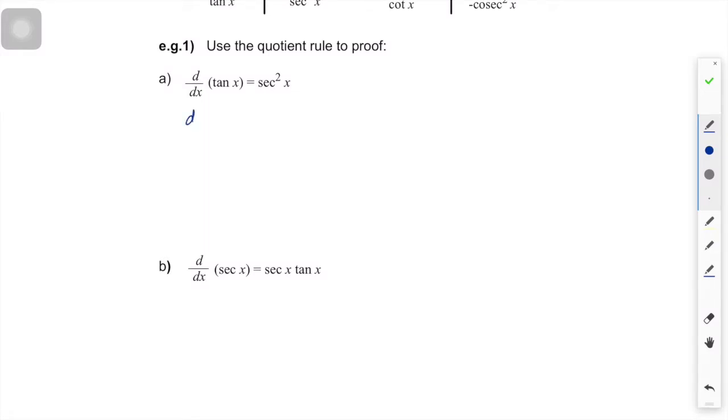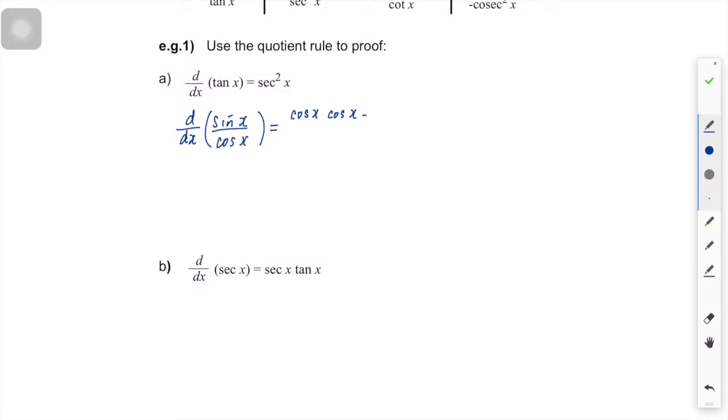I'm going to write tangent in terms of sine x over cos x as a function. As you can see, this is actually a quotient. We will differentiate sine x over cos x using the quotient rule. So take the derivative of the numerator, which is cosine x, multiply by the original denominator.